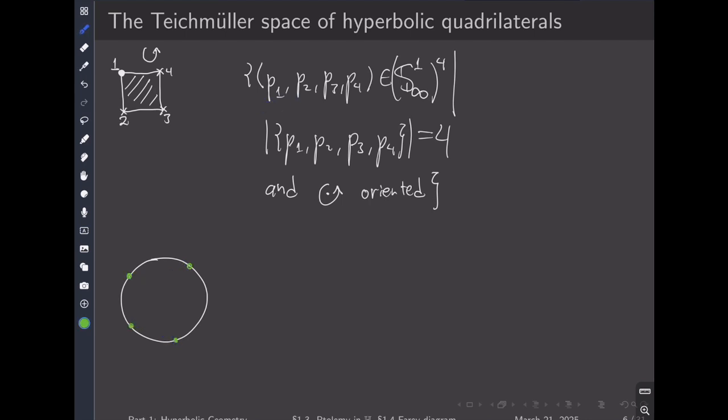Let's say that this one is the first one. So this automatically has to be the second one, this one has to be the third one, and this one has to be the fourth one.